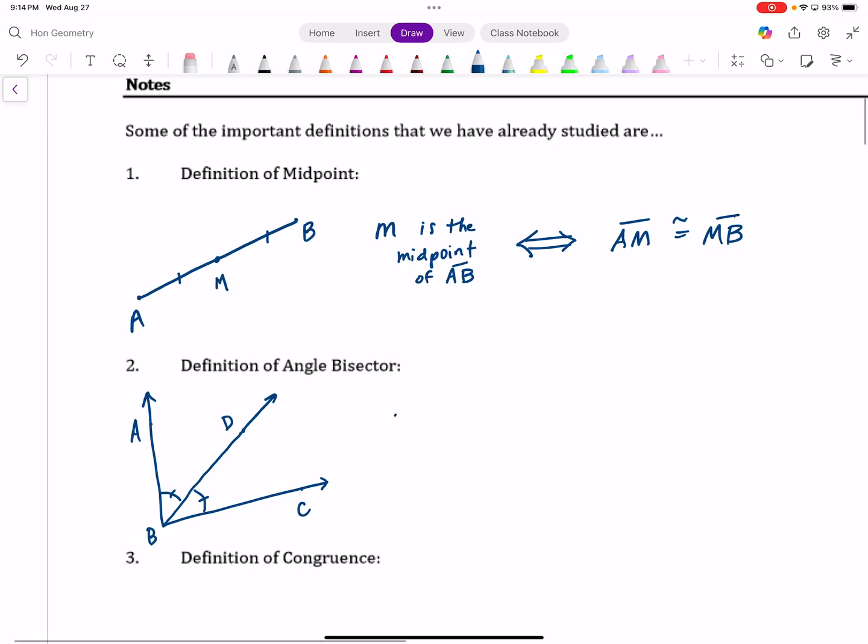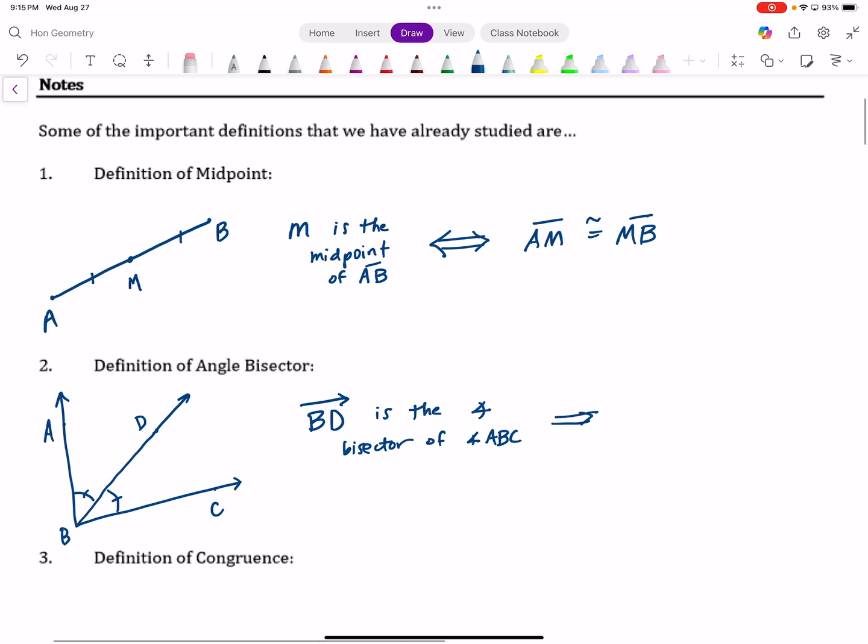So if we say that ray BD is the angle bisector of angle ABC, then that implies that angle ABD is congruent to angle DBC.